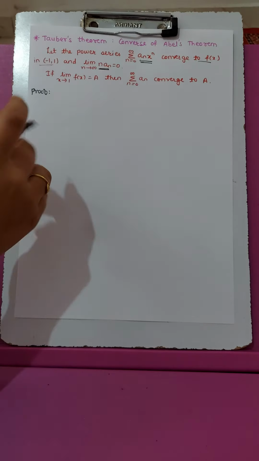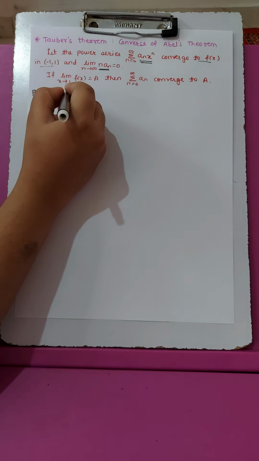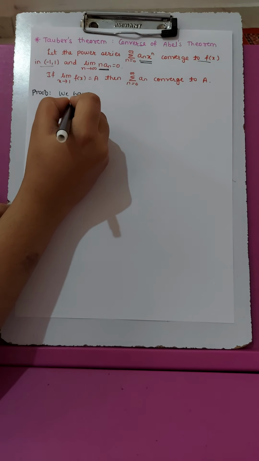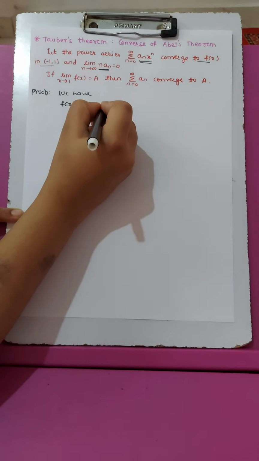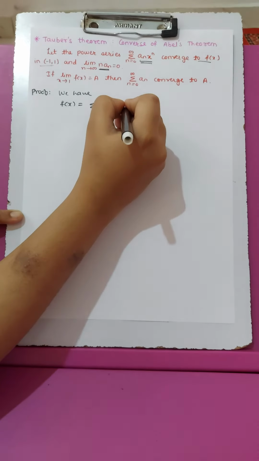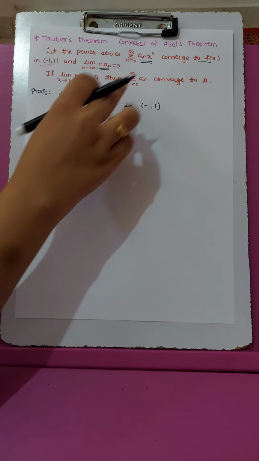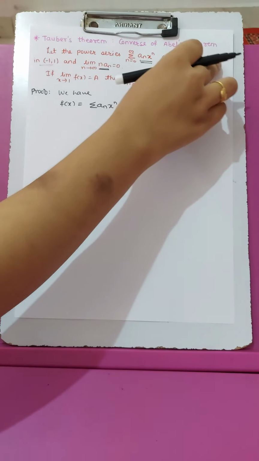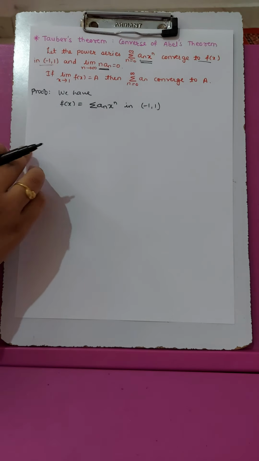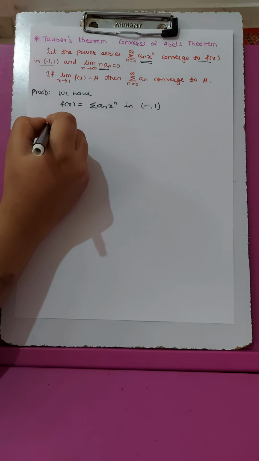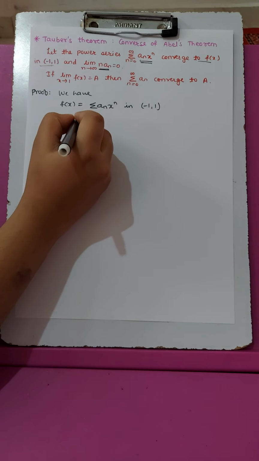So while starting the proof, we will list what is given here. First, f(x) equals summation a_n x^n in the interval (-1, 1), since this power series converges to f(x). Also, limit x tends to 1 of f(x) is equal to a.